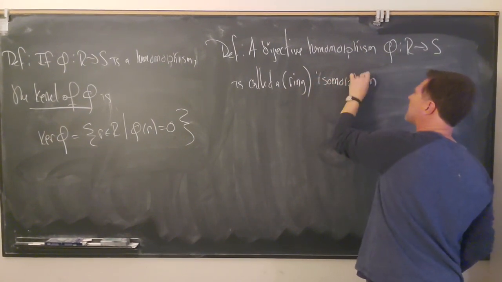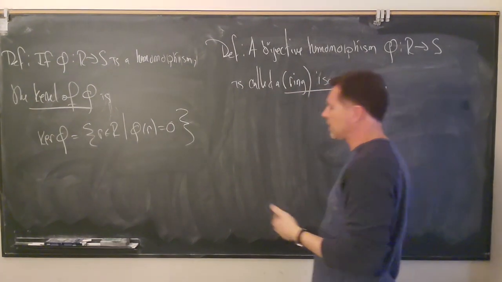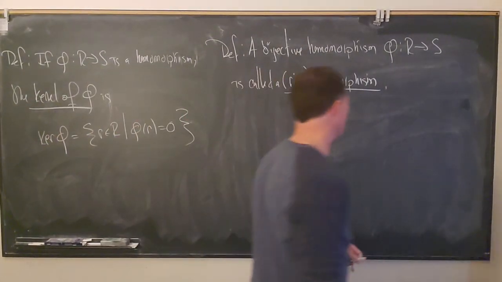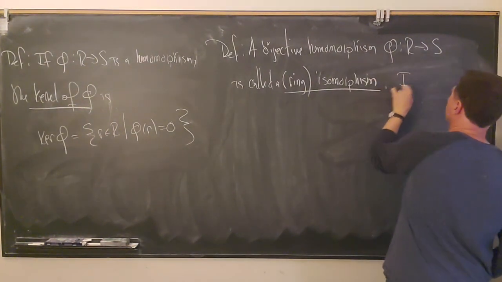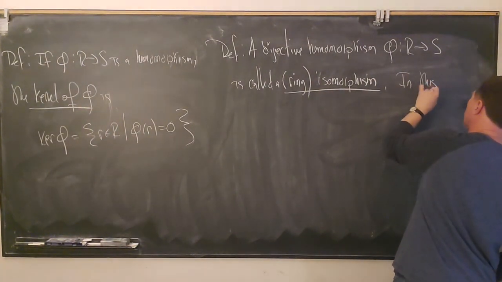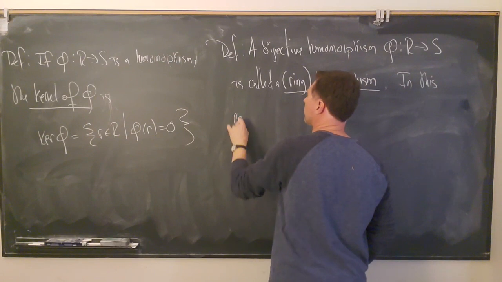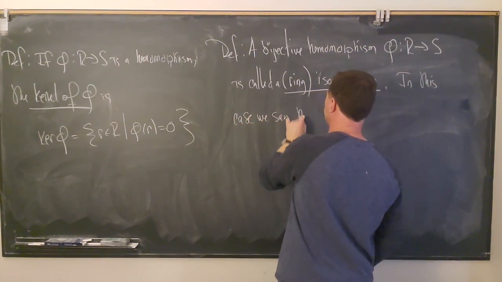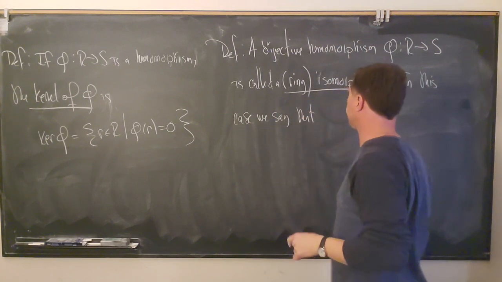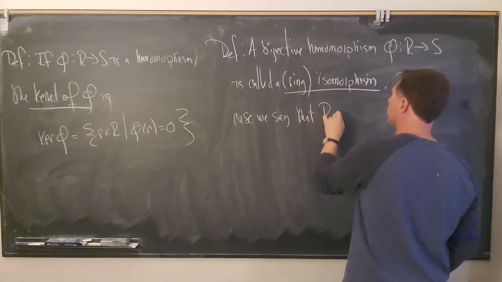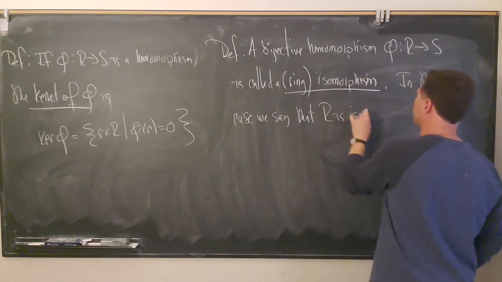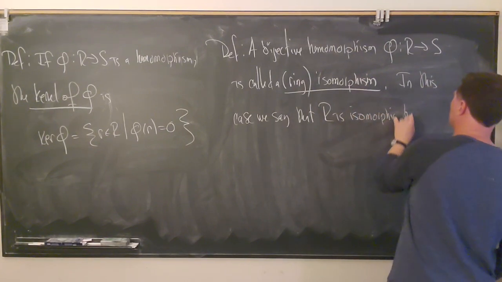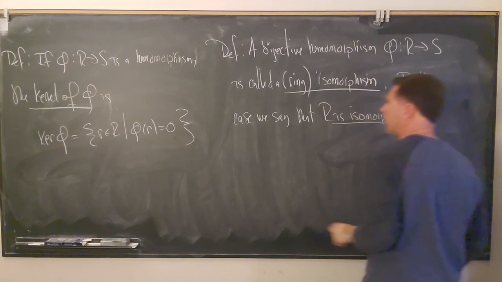If I need to be specific, I'll say the word ring, but typically I'll just say isomorphism. In this case, we say that R is isomorphic to S.